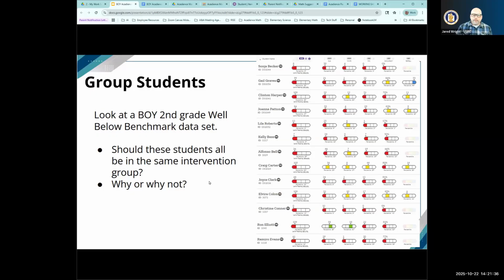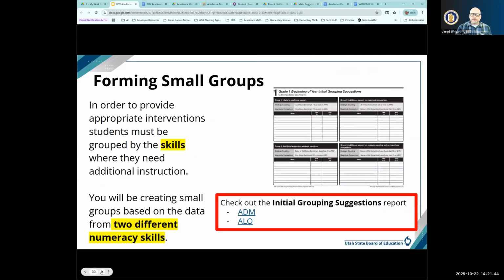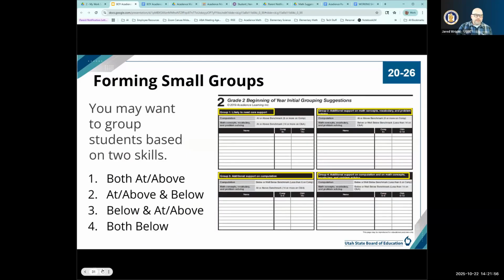So you're going to want to narrow that focus to 1 or 2 skills and really provide instruction around that. And then that's where your progress monitoring comes into play. As you're providing that instruction, you want to know if the students are learning those skills, and you can track that. So there are some resources here as far as grouping students into various groups.